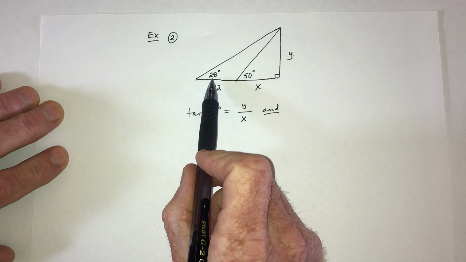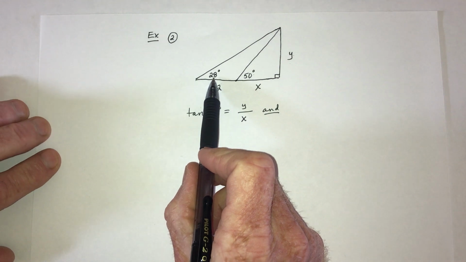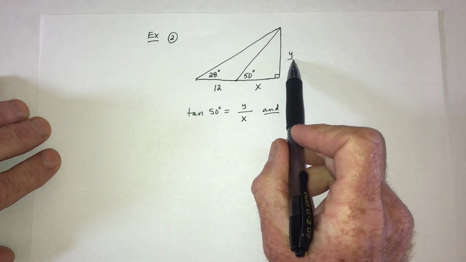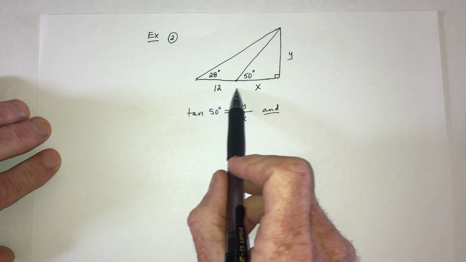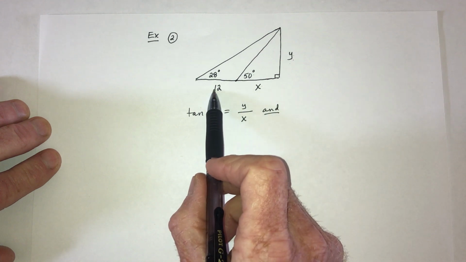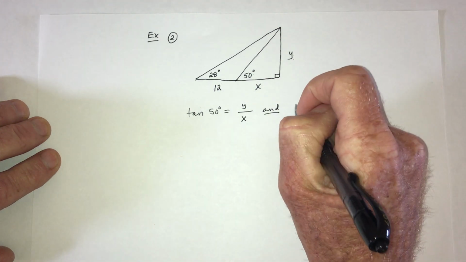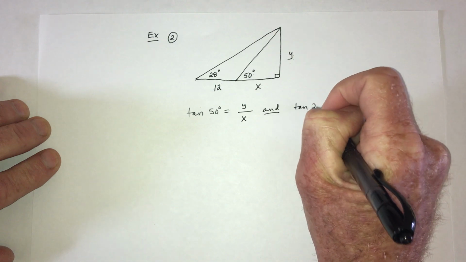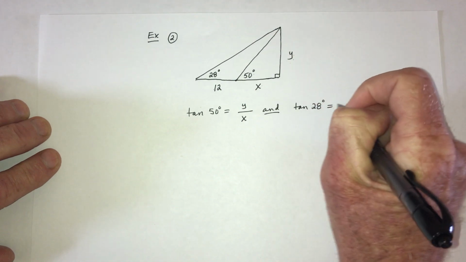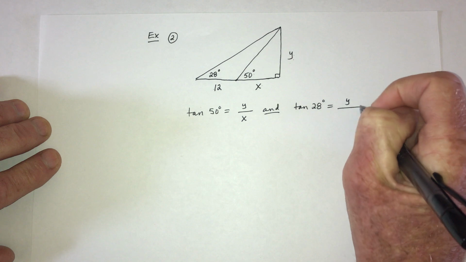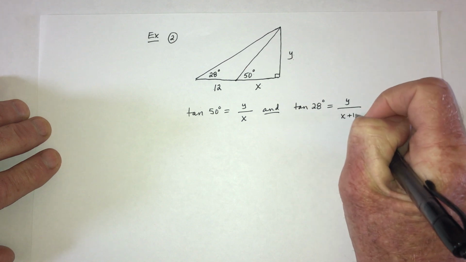So for the other equation, I'll use tangent of 28. This will be the opposite, and the adjacent is going to be this bottom part, which is x plus 12. So the other equation looks like tangent of 28 degrees equals the opposite over the adjacent.